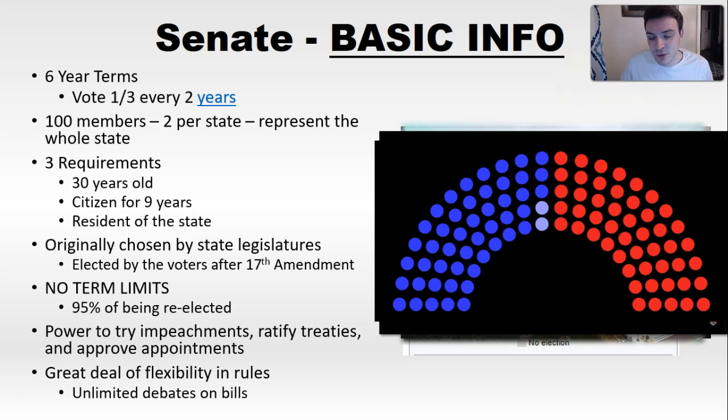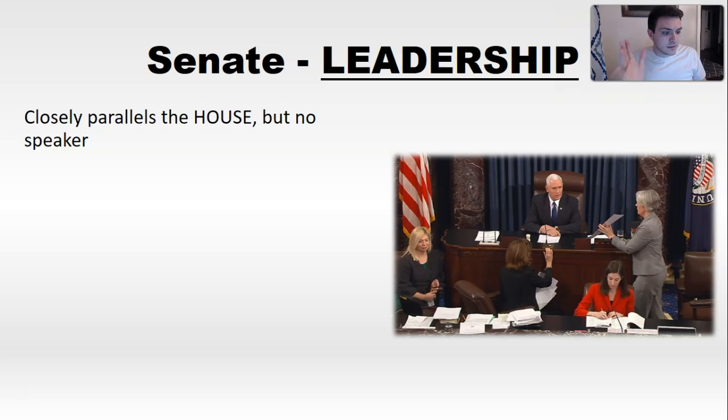There are 48 Democrats, and then there are 2 independents. However, those 2 independents vote alongside the Democrat lines. I don't know the 2 specifically. I do know one of them is Bernie Sanders, so that just gives you an idea of who they are. All right, so let's next look at the Senate leadership.